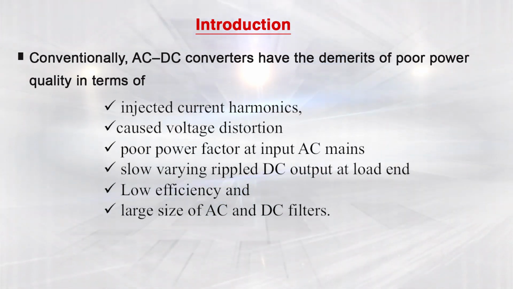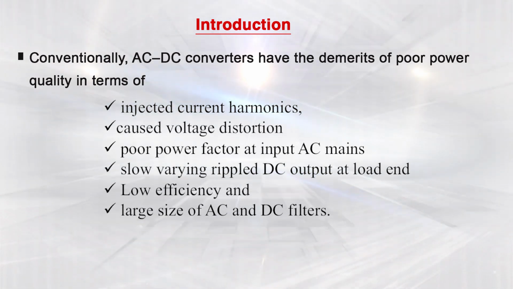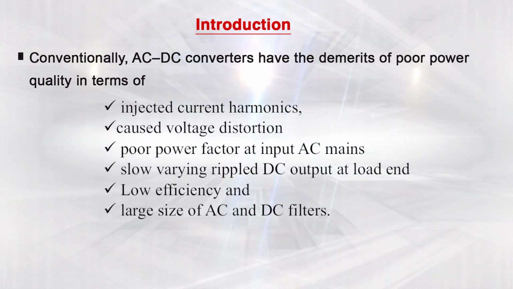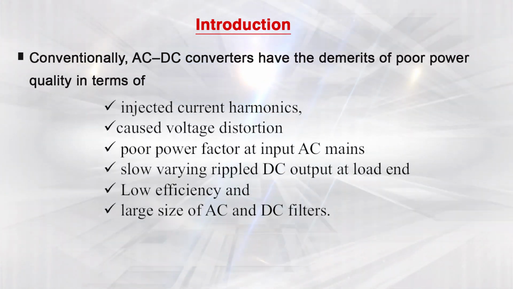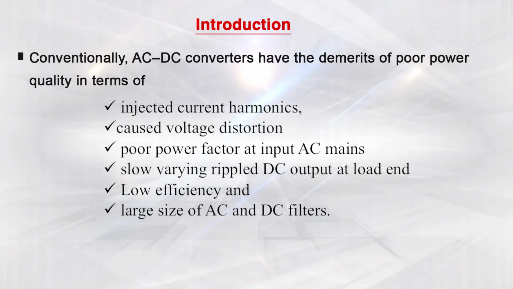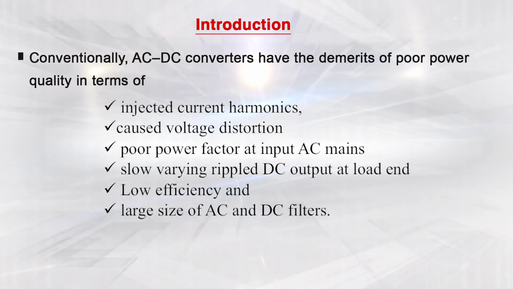To filter out this second harmonic DC component as well as higher order harmonic components at the AC side, we require large AC and DC filters. And sometimes people also put filters which are tuned for a particular frequency.